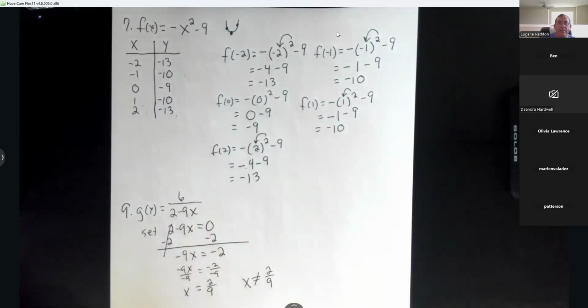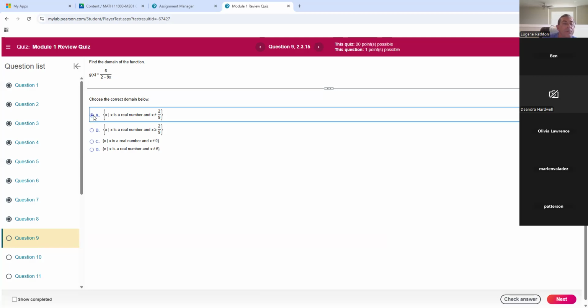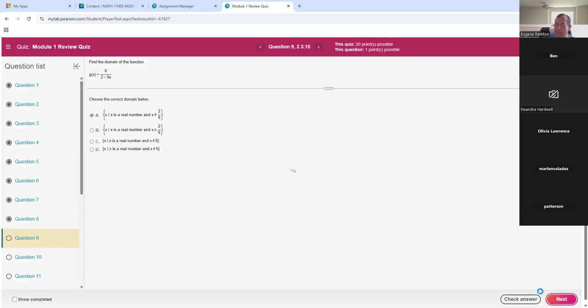Alrighty, y'all. So I think that was A, B, C, D again. Now you don't want the one with the greater than or equal for sure. You want the one like A where it says x cannot equal 2/9. Okay. All right, that's it on that one. So next.